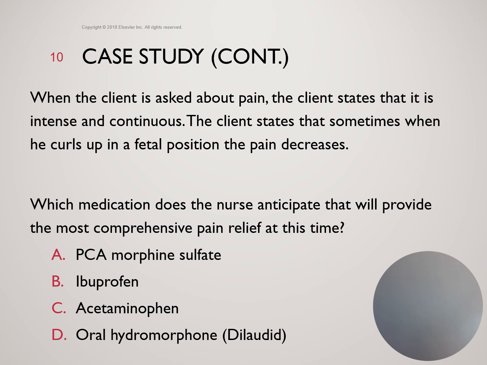When the client is asked about pain, the client states that it's intense and continuous, and sometimes when he curls up in a fetal position, the pain decreases. Which medication does the nurse anticipate will provide the most comprehensive pain relief at this time?